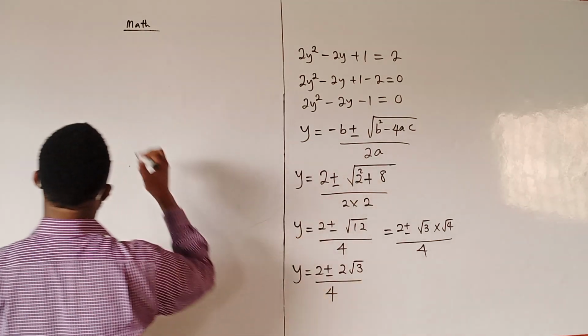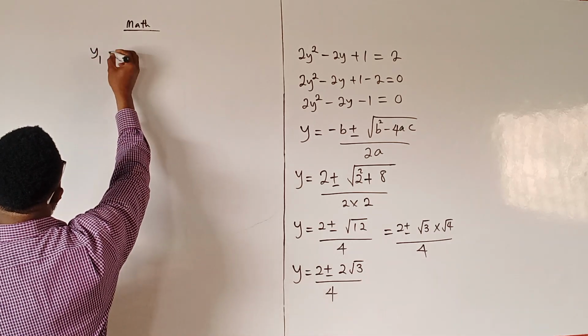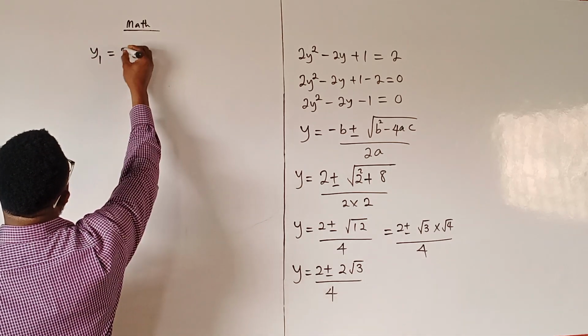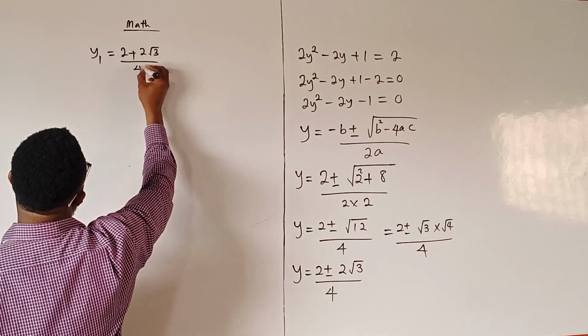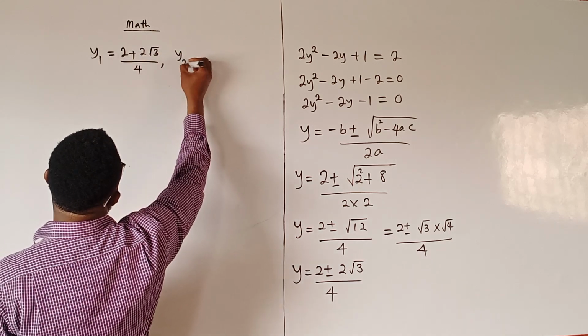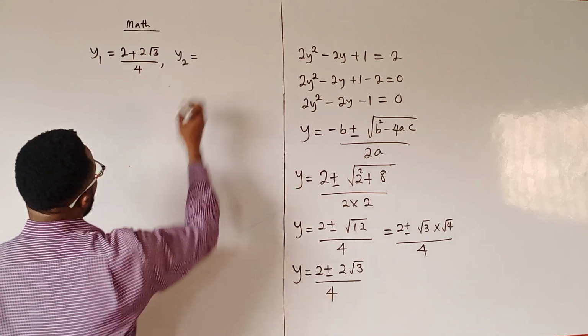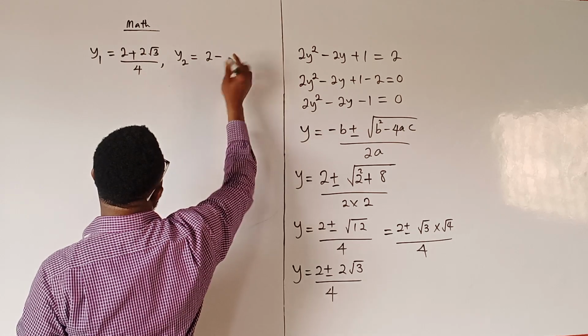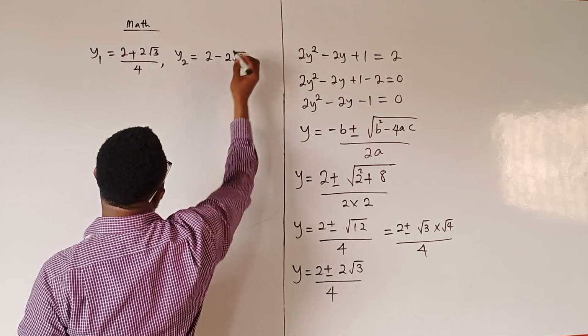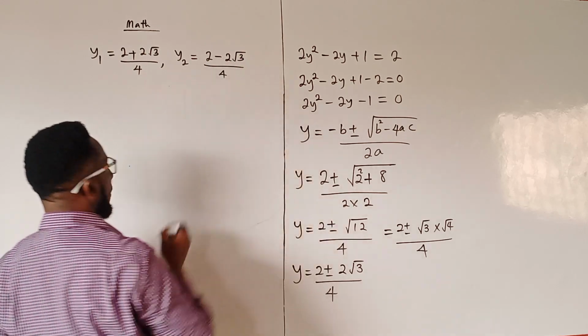So the first answer, I'll call that y1. y1 is going to be 2 plus 2 rad 3 upon 4. y2 is going to be 2 minus 2 rad 3 upon 4.